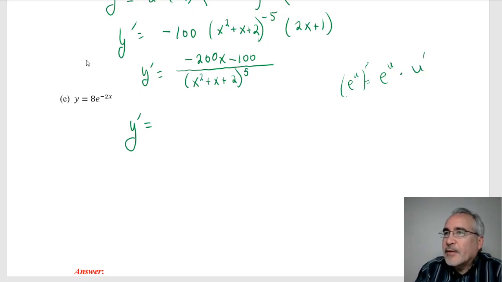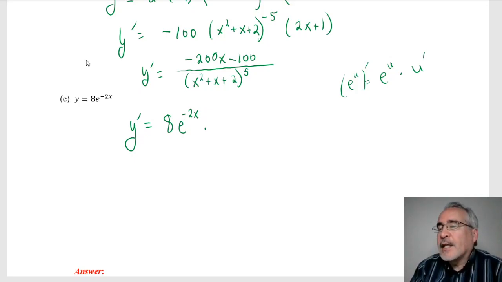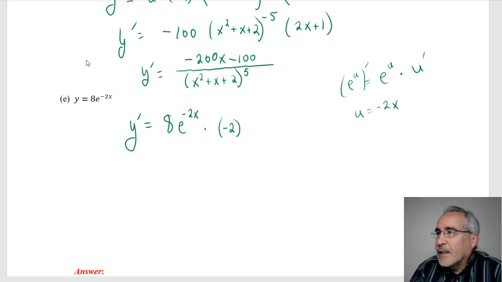We'll use this sometimes. So this is just going to be 8e to the minus 2x times the derivative of the inside, the derivative of the exponent. Derivative of negative 2x is negative 2. Right? So u, in this case, was equal to negative 2x. So when you take the derivative of u, you get negative 2.